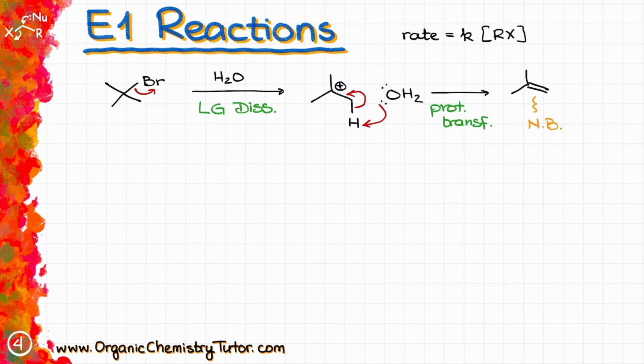So you might ask me a reasonable question. How are we going to determine whether it's going to be an E1 or SN1 reaction if the conditions are exactly the same? Well, they are not exactly the same. One thing that I did not mention here is that the E1 reactions typically happen at the elevated temperature.